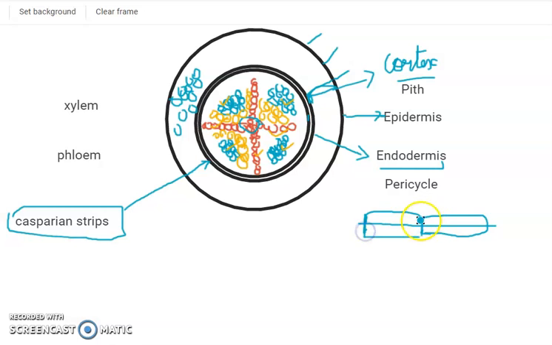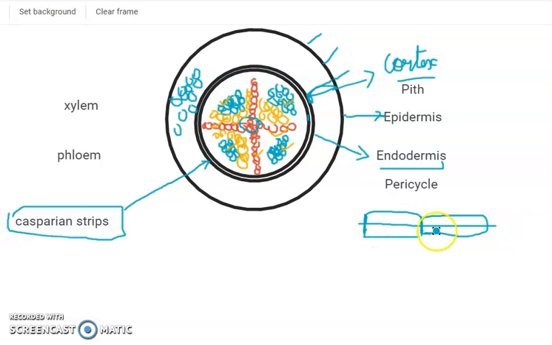So radially their walls have a deposition of water impermeable material. Notice water impermeable. Water cannot enter through this layer, right? So it has a water impermeable waxy material which is called as suberin, right?